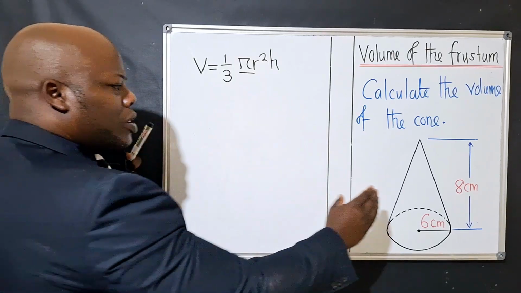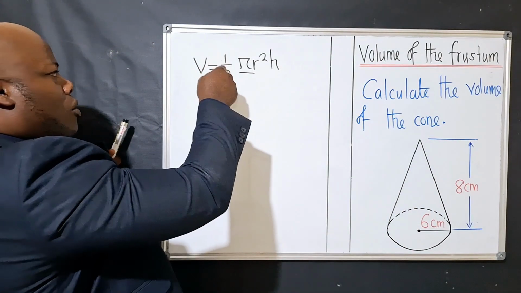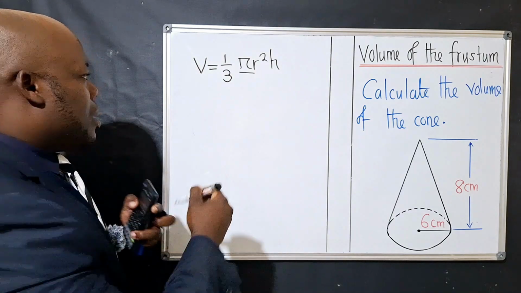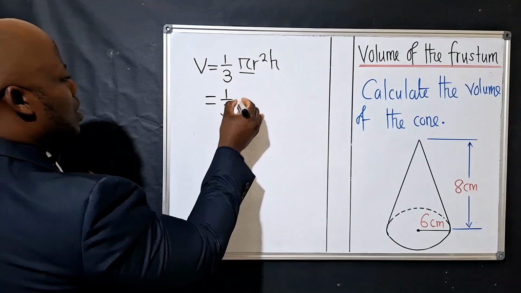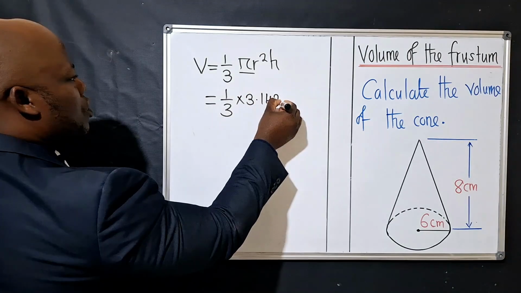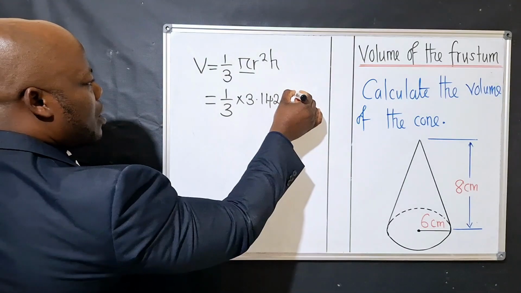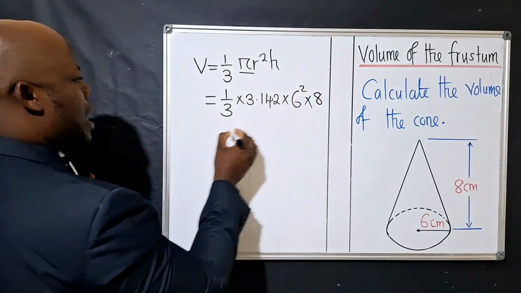Now, the shape here has been sharpened. This is a cone. This is where the 1 over 3 is coming from. So we shall say equal to 1 over 3 times 3.142 times the radius, which is 6 squared, times the h, which is 8.